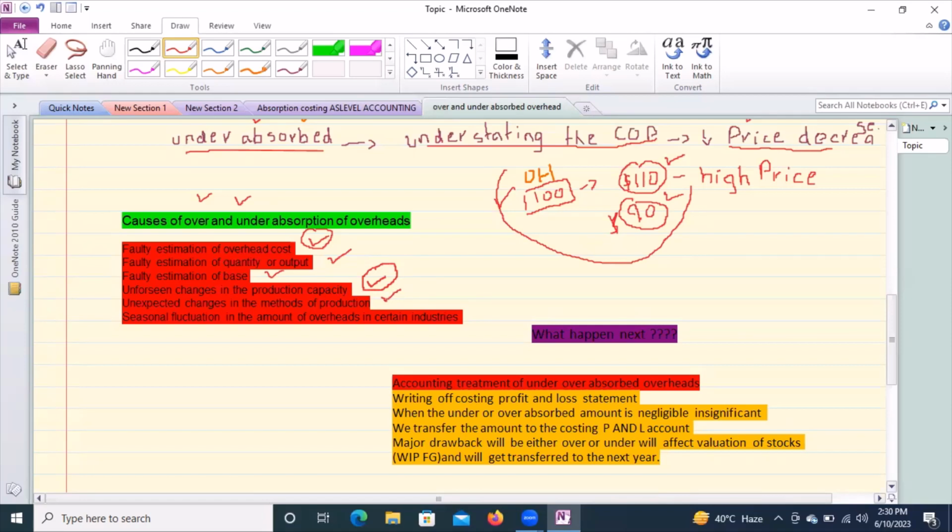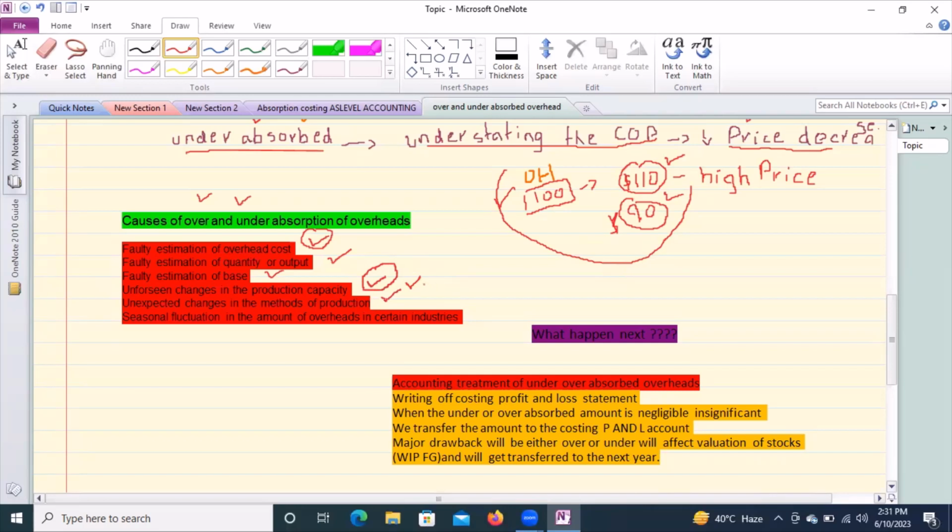Maybe at the start of the year you are using a labor intensive method for your production, but after some time you have to adopt a capital intensive method, because maybe you want to meet the demands of your customers. If you adopt the capital intensive method, your machine hours will be greater.